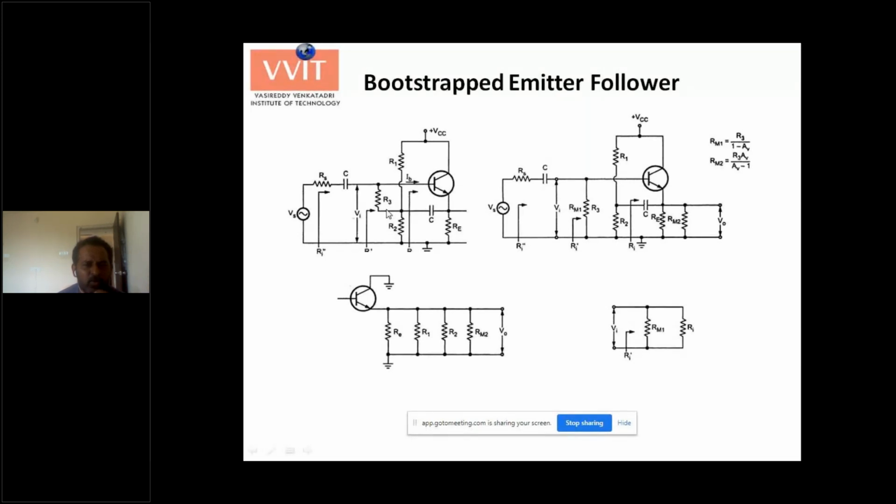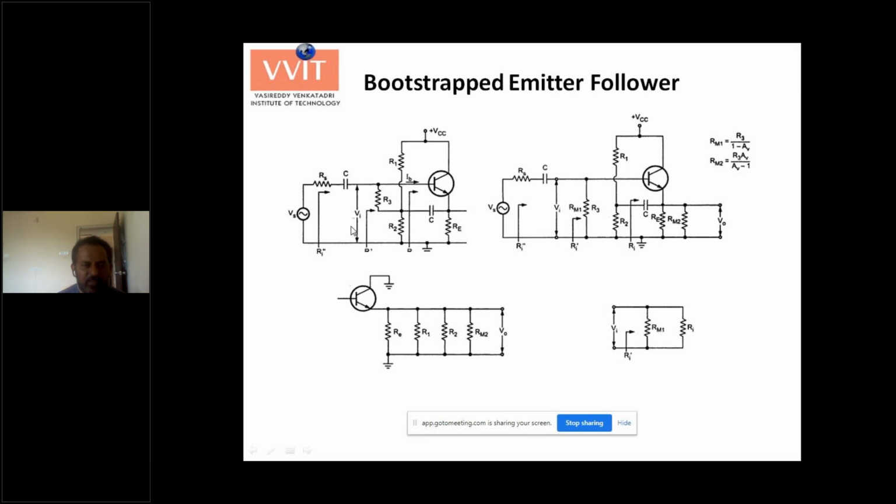Now these two come in parallel, so the overall resistance will be around R2. Therefore, normal biasing can be achieved. You can drive this transistor into the active region, though the connection is slightly different. Anyhow, you can achieve normal biasing. This can be driven into active mode.